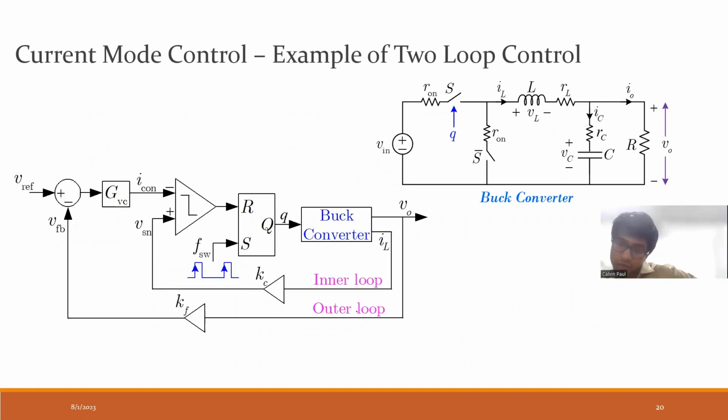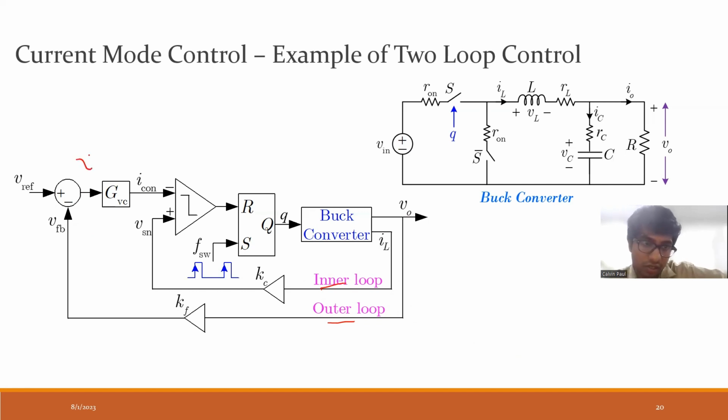Voltage mode control has some limitations in designing and all that. Current mode control is quite popular, and it consists of two loops: an inner loop and an outer loop. The outer loop, on the output voltage, is slower and has a lower bandwidth, and the inner loop is faster. The output voltage gets compared to the reference.